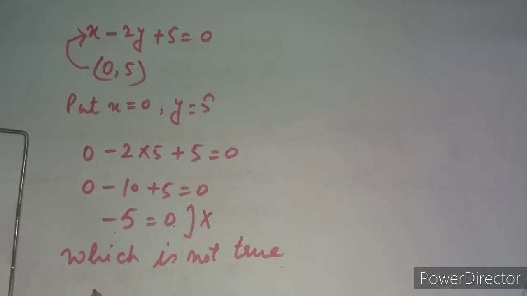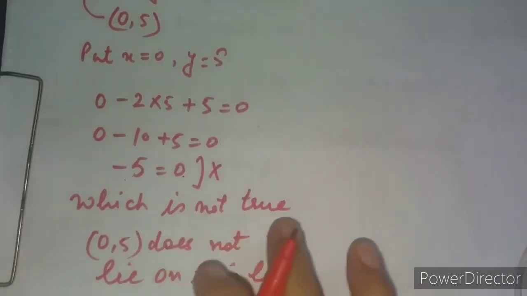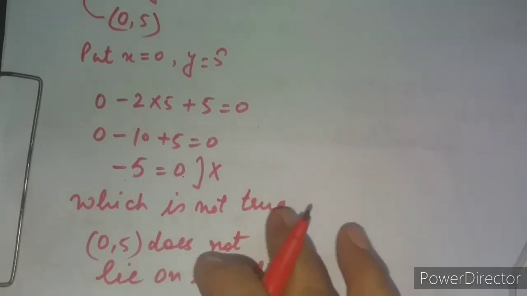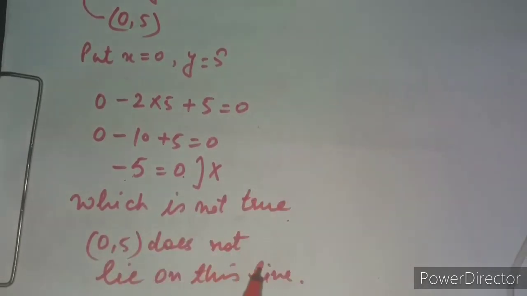It simply means that (0, 5) does not lie on this line. This is the most important thing. So this is how we will see the topic, and this is the backbone only.